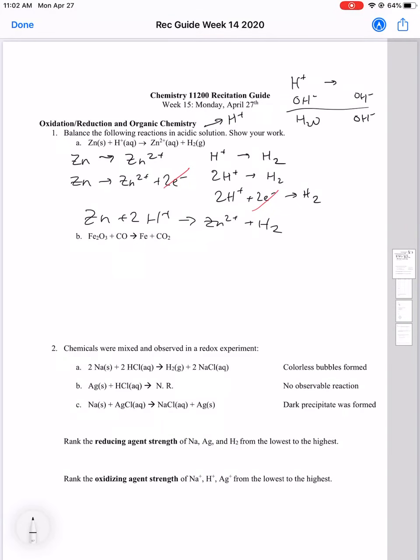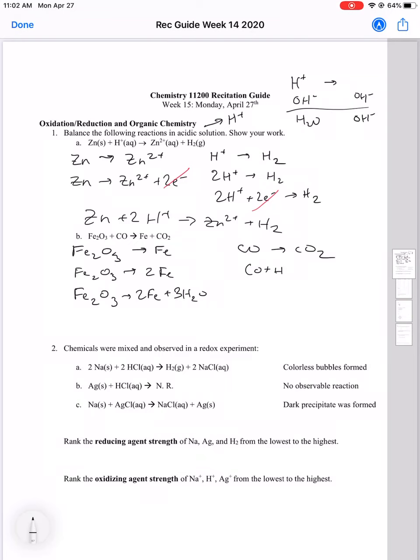So we'll do the same thing for this other one, divide it into half reactions. CO goes to CO2. And then we'll balance all of the non-oxygen, non-hydrogen elements. Carbons are already balanced on the other one. Balance the oxygens, so Fe2O3 goes to 2Fe plus 3H2O. Then we have 3 oxygens on either side.